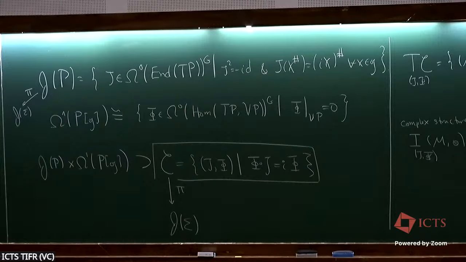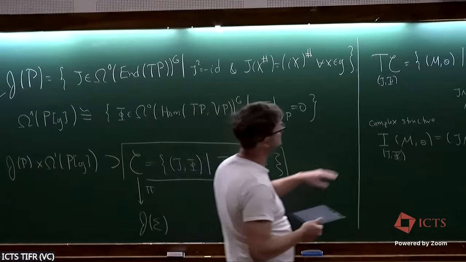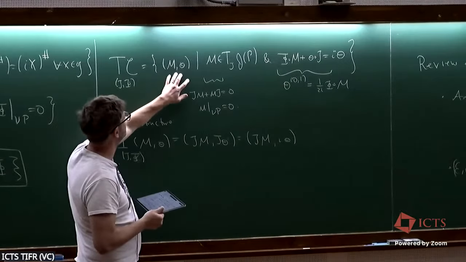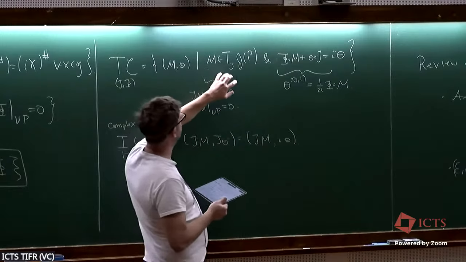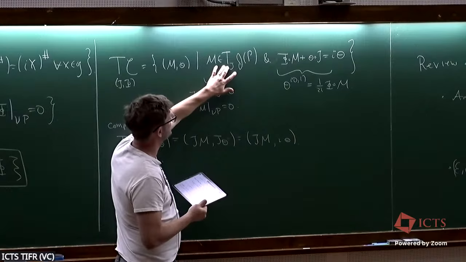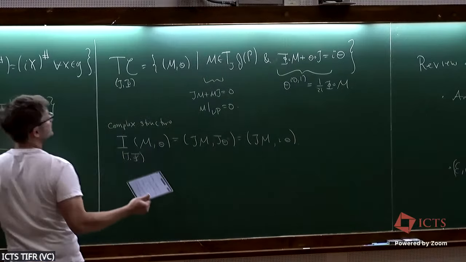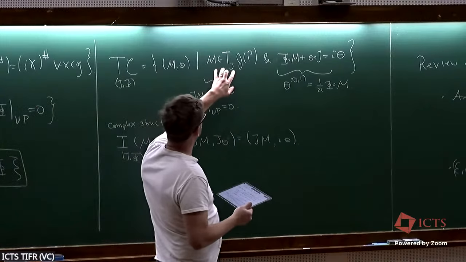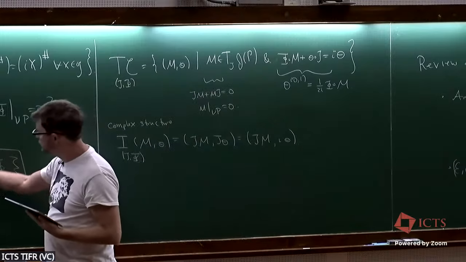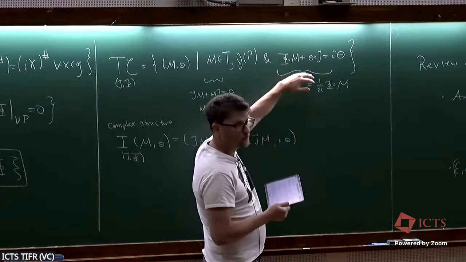Okay, and then an important thing now, when the Riemann surface isn't fixed, is that the tangent space of this object is a set of pairs (m, theta). So m is a tangent vector to the holomorphic structures, and theta is just an element of this vector space. But the important relation that you get by differentiating this condition is that the tangent vector theta is not a 1,0 form.